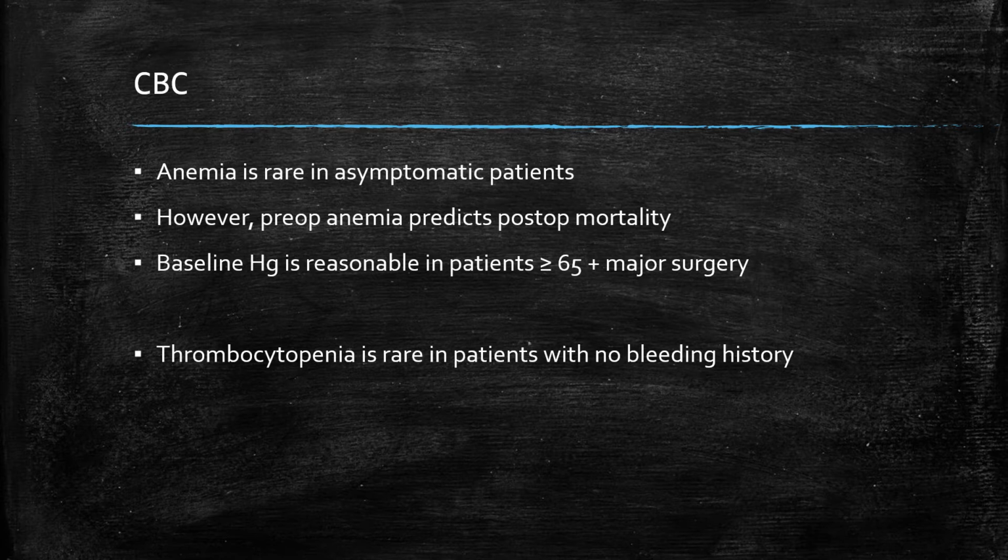There is, however, one caveat to this, and that is that preoperative anemia is a predictor of postoperative mortality. And so as patients get older, they often are less active, and so the symptoms of anemia can be more difficult to detect. And so I do think in patients who are 65 or older who need a major abdominal or intrathoracic procedure, a baseline hemoglobin is entirely reasonable.